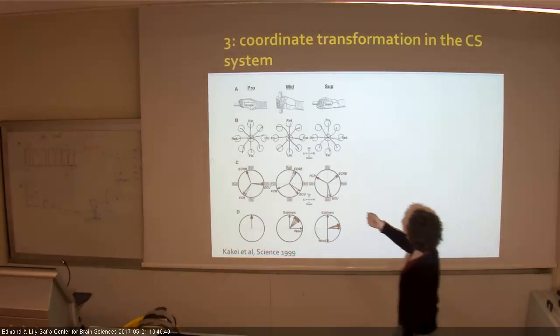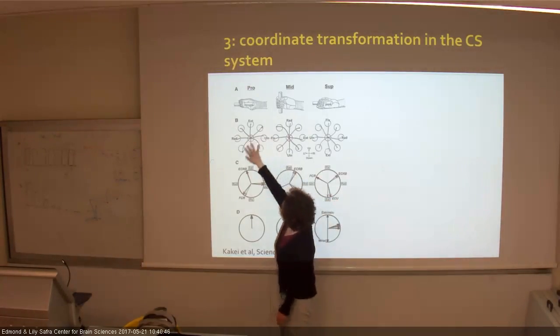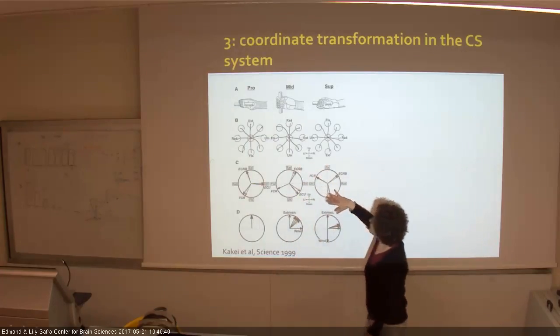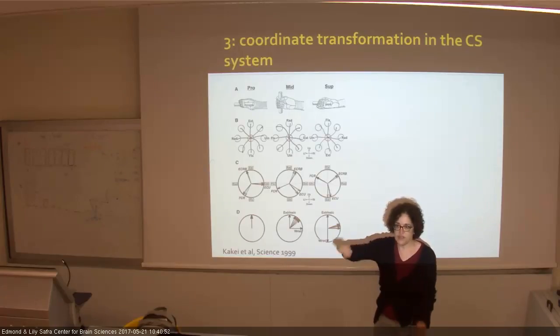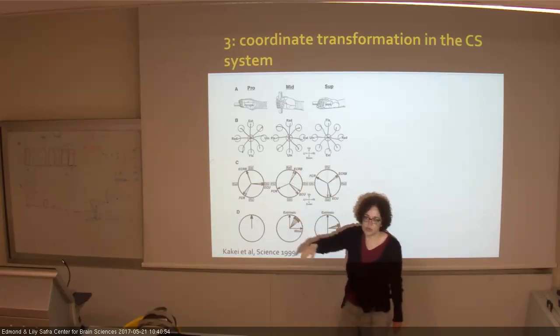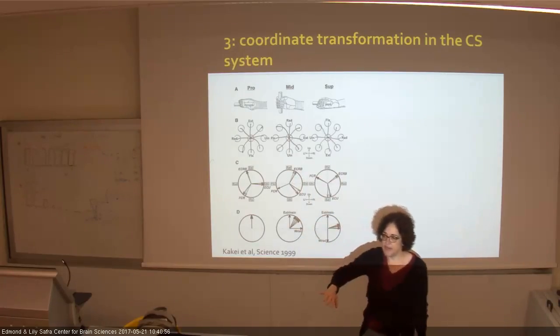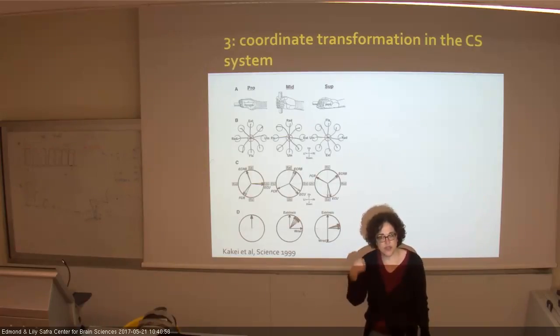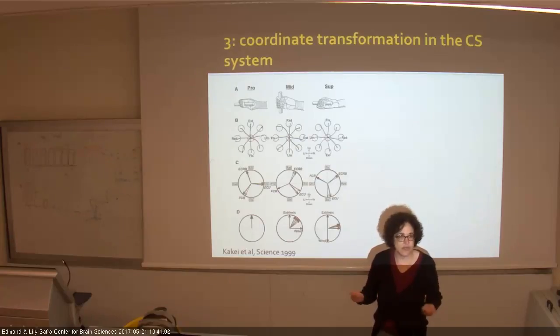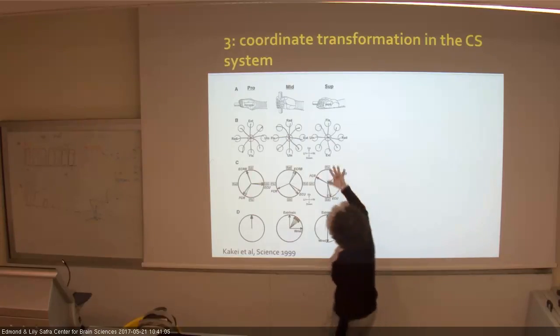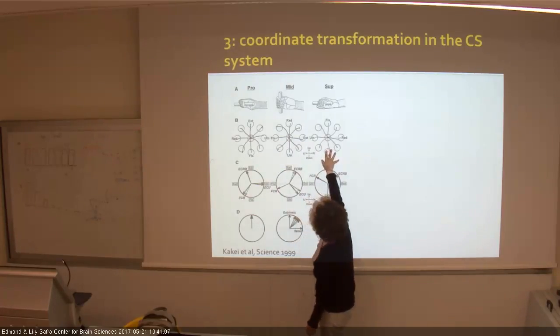Okay, and so you can see that the visual space was constant, right? So upper target or lower target, these were the same, but the muscle pattern that you need to generate in order to reach these different targets can dramatically change. So let's look at pronation versus supination.